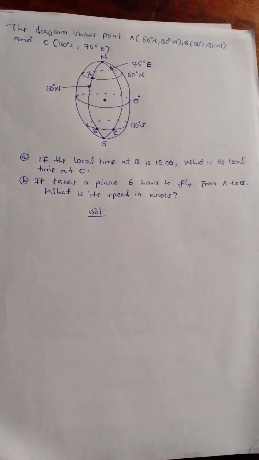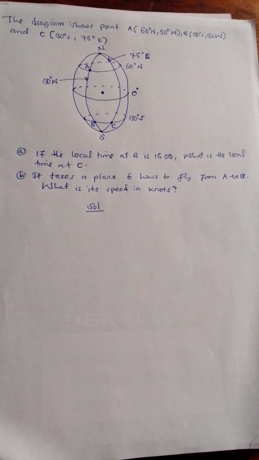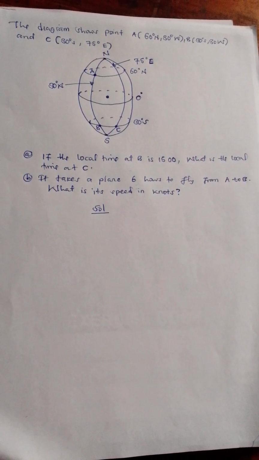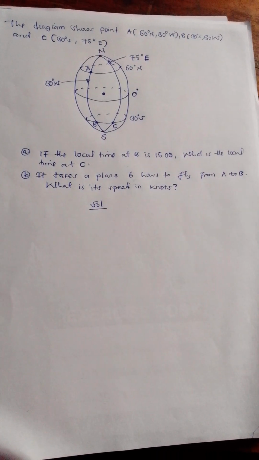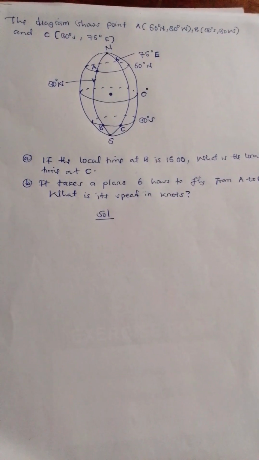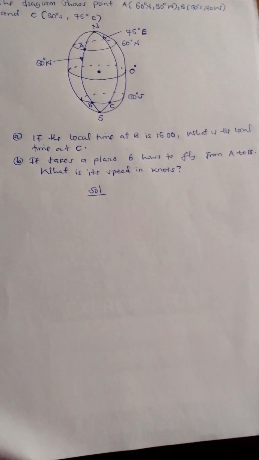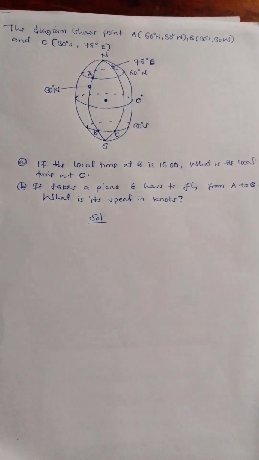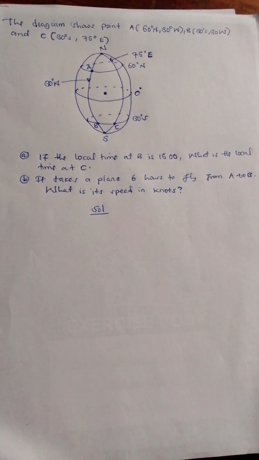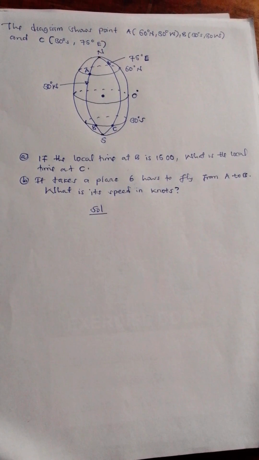So these 2 points are on the same latitude, so B is due west of C. For us to find the time at C, we need first to find the difference in longitude between points B and C.